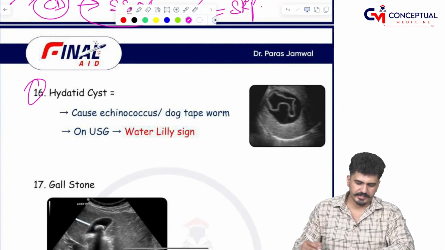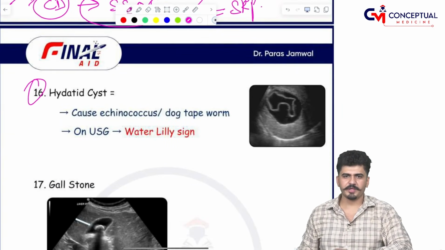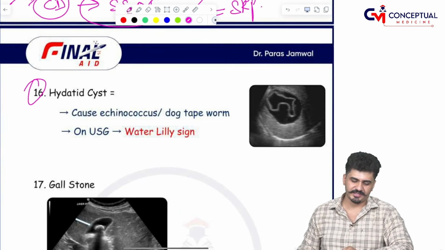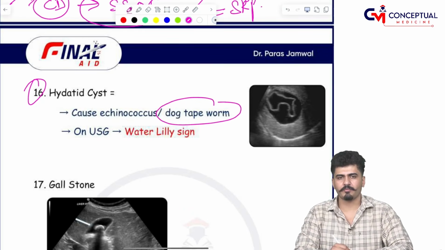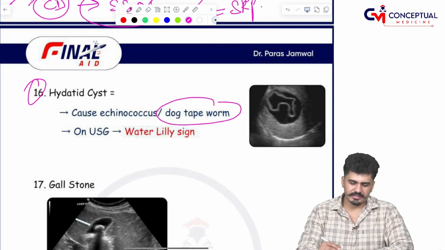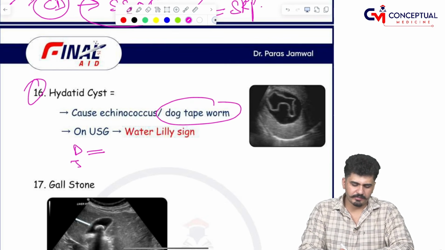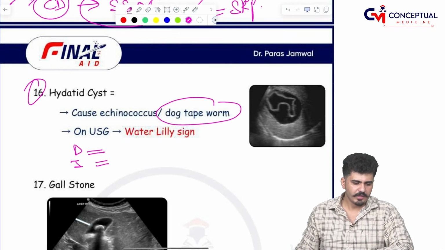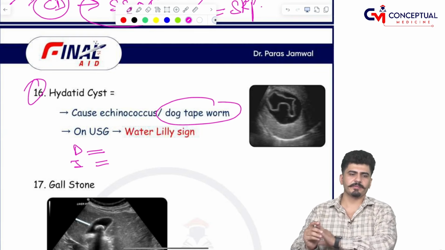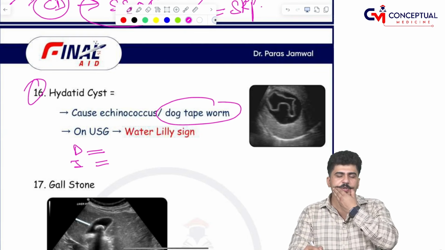Hydatid cyst is caused by this. Yesterday only we have learned this in microbiology, sir. It is caused by Echinococcus granulosus or dog tapeworm. Who is a definitive host and who is an intermediate host, sir? From yesterday only I have taught you.